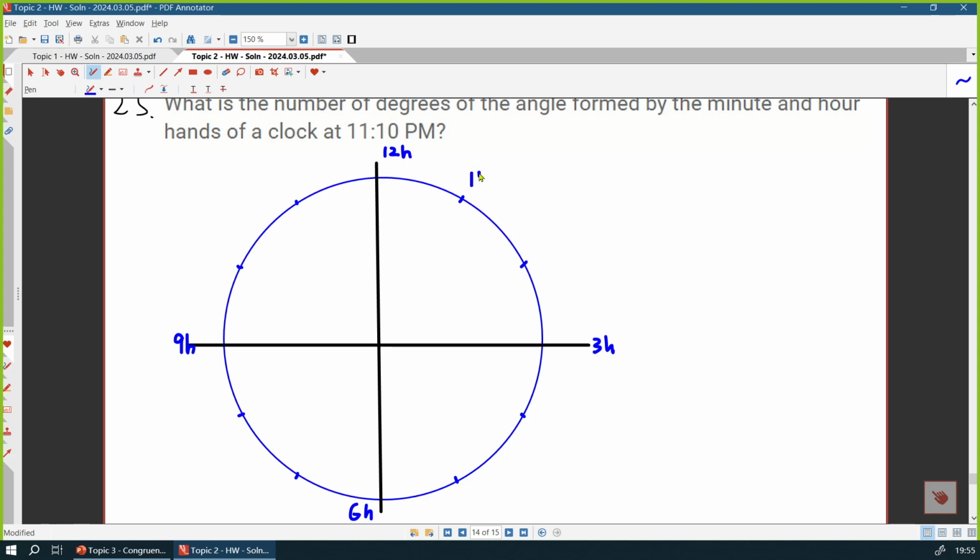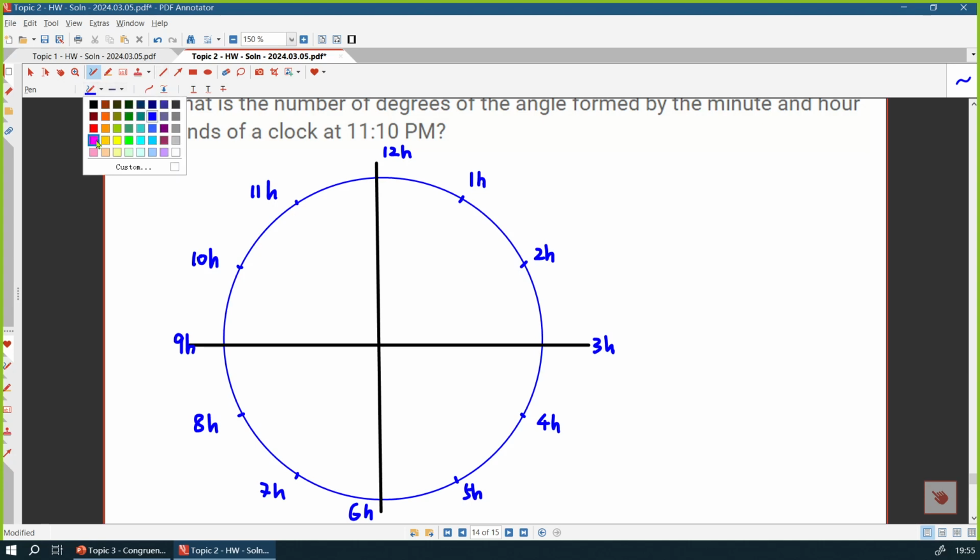So this is 1, 2, 3, 4, 5, 6, 7, 8, 9, 10, 11, and 12, right? In terms of the hour hand, these are the marks of the hours.